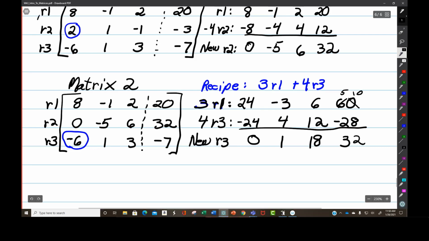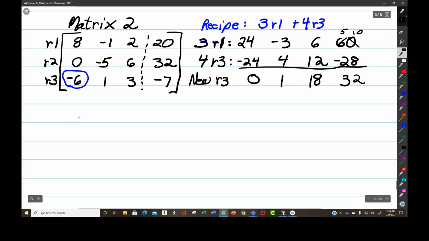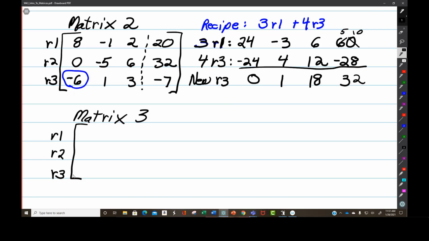All right, now matrix 3. Row 1, row 2, row 3. This is my new row 3: 0, 1, 18, 32.